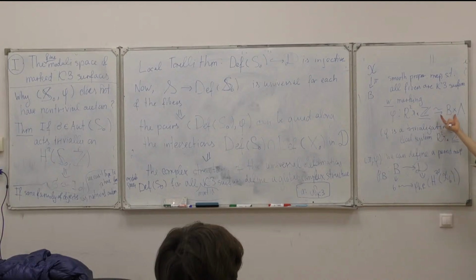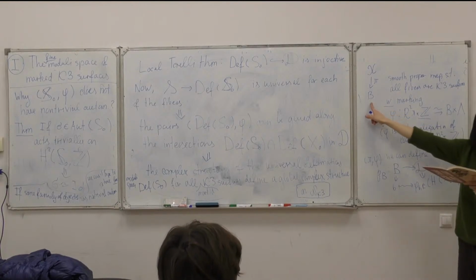So if we fix a trivialization, we can define the corresponding period map, even if B is not simply connected.